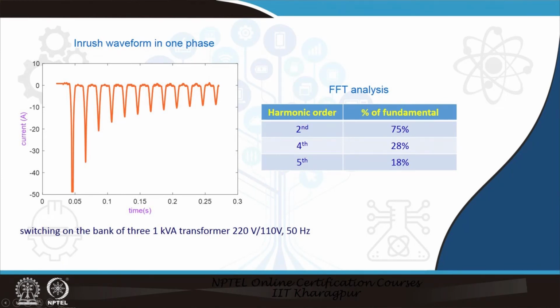Predominantly there is a significant fifth harmonic component. The fifth harmonic is quantified with respect to the fundamental, and that blocks the relay operation. So in this numerical relay, to block such situations, we have the fifth harmonic blocking.